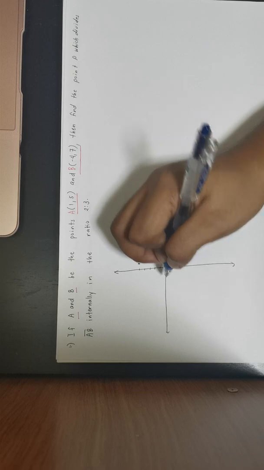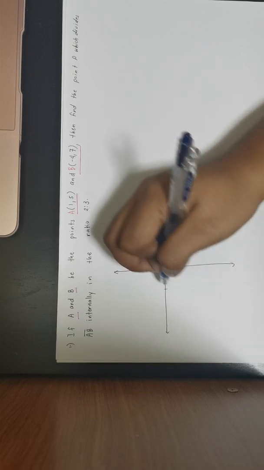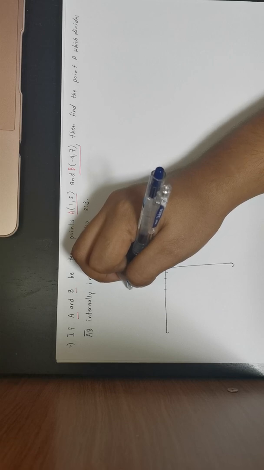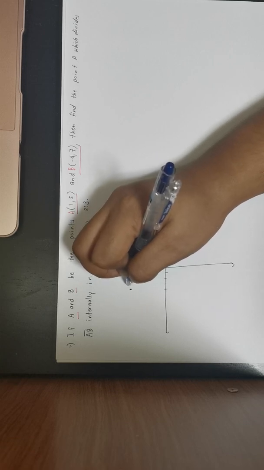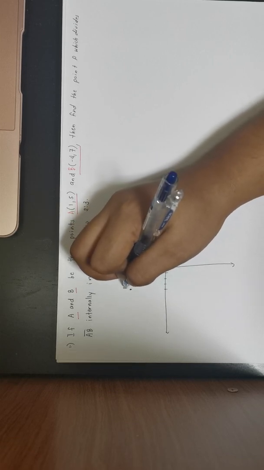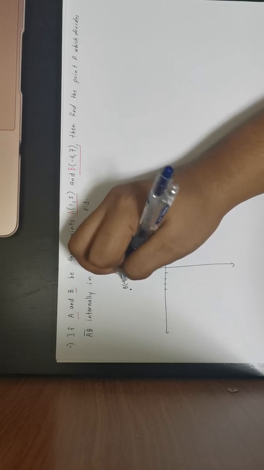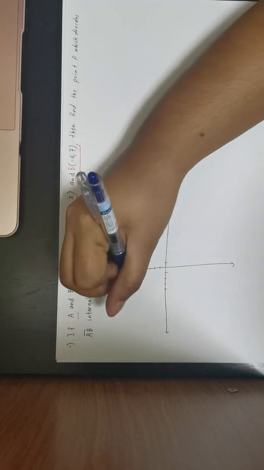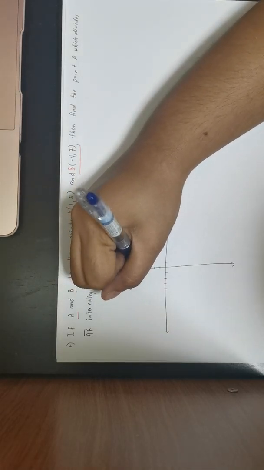And this is where point B lies. It will lie at (-4, 7). So this is our segment AB.